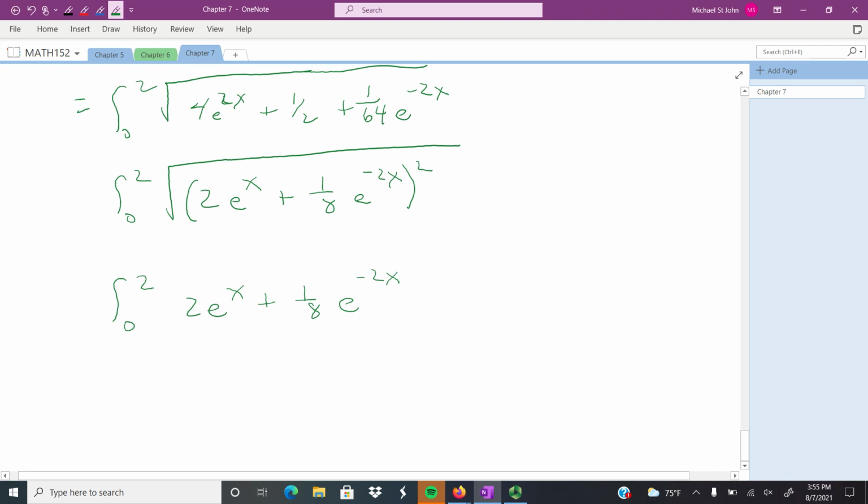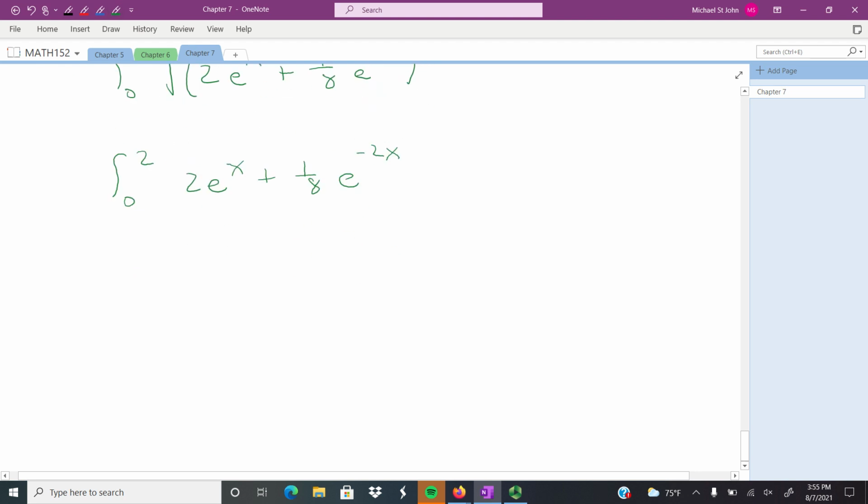So we have that. Okay. And then we can integrate this. And so we'll end up with 2e to the x minus 1/8 e to the minus x, evaluated from 0 to ln 2.